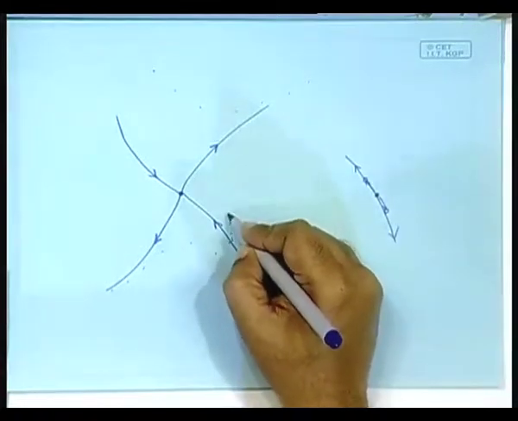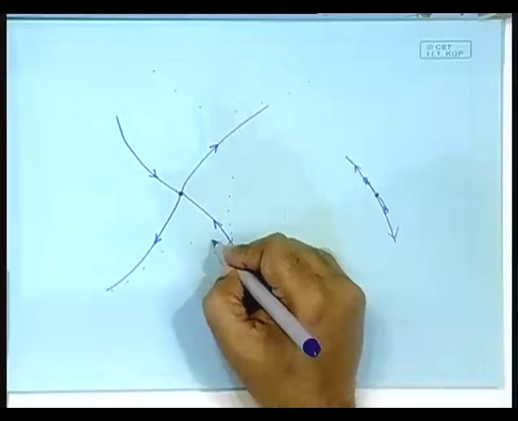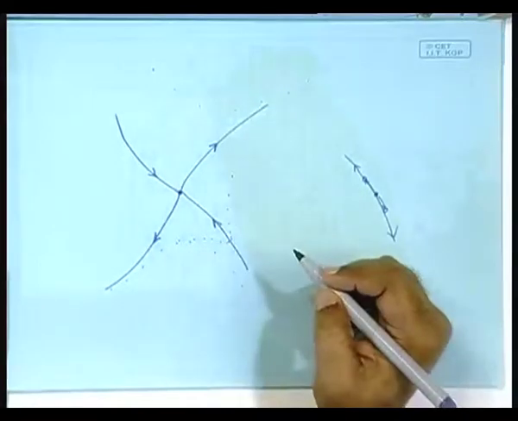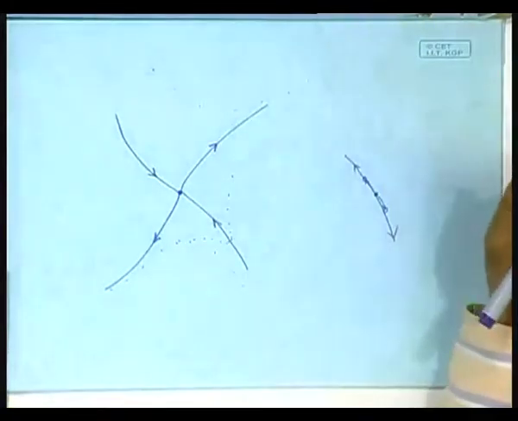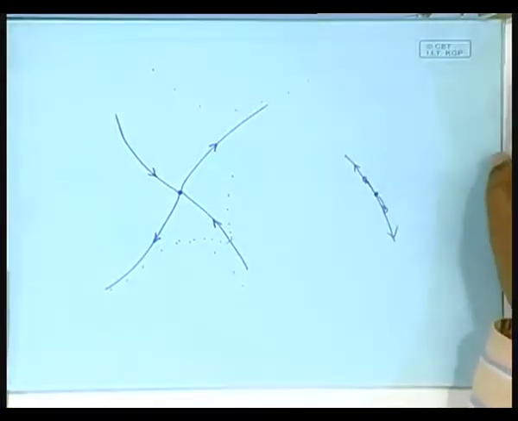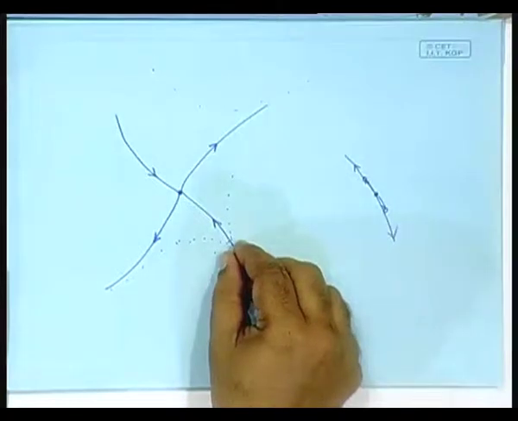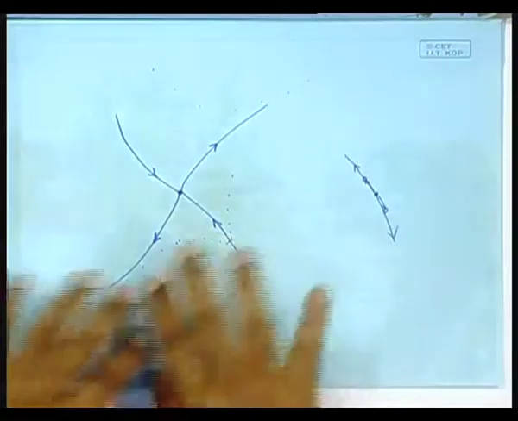Their further iterates will go like this, which means they would be repelled from the stable manifold, right. Initial conditions at the two sides of a stable manifold would be repelled from each other, and will go in different directions. So, the property of a stable manifold is like that of a repeller, it repels.